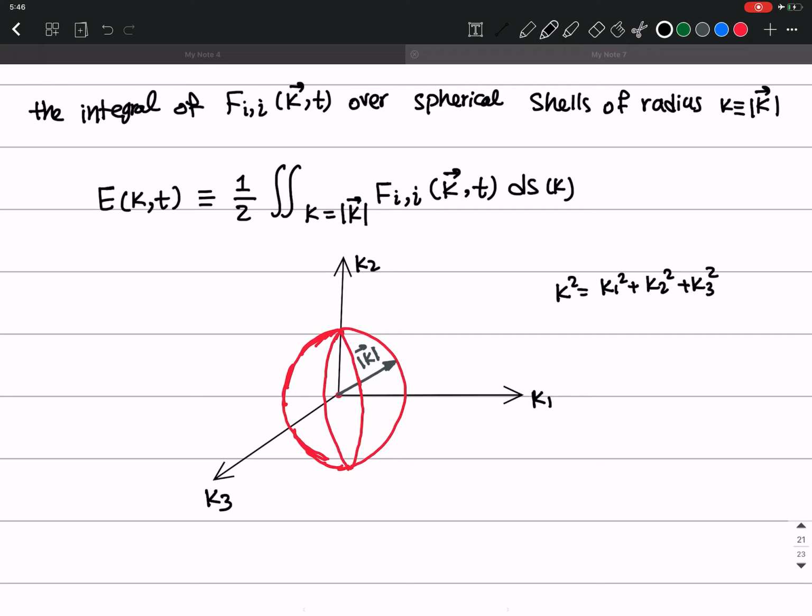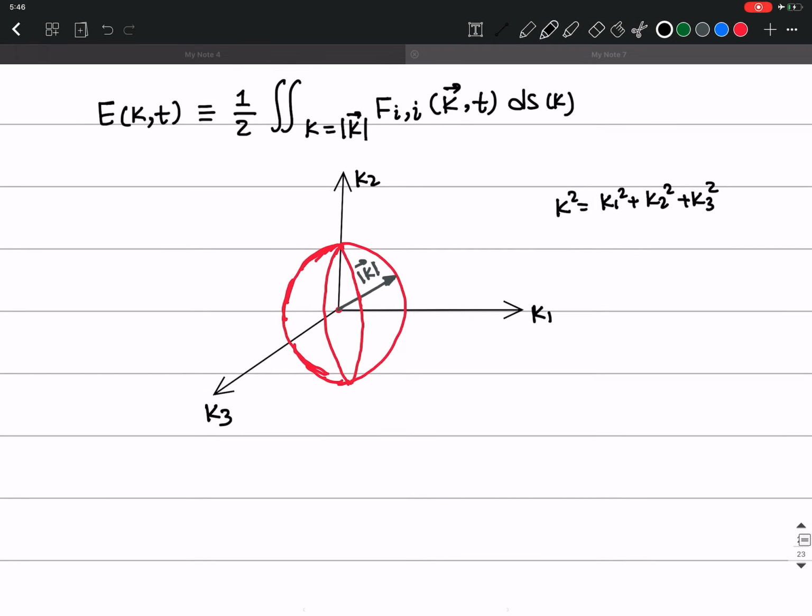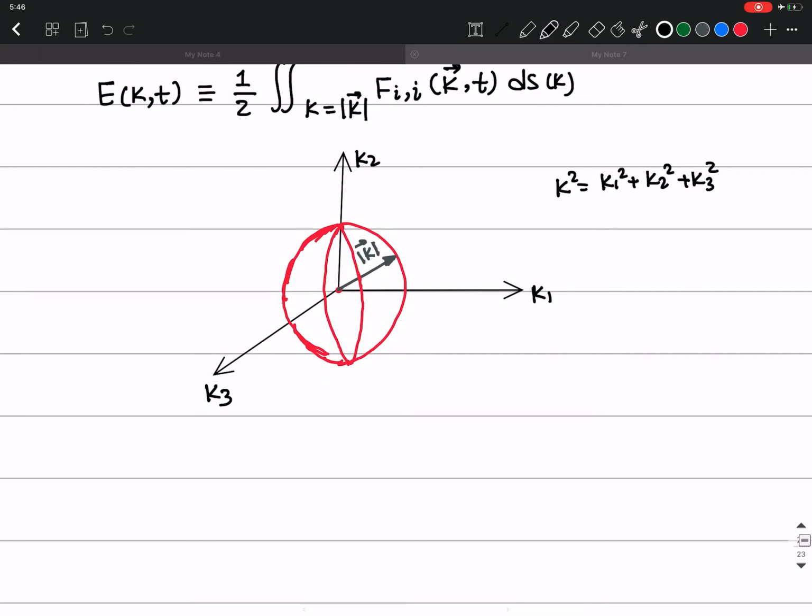Instead of looking at each of these components, k1, k2, k3, we just look at k by integrating over spherical shells of radius k equals the absolute value of k. This converts the 3D spectral function E(k,t) to one dimension in space, which is a much further simplification, because now we only have one dimension k rather than a vector that has three dimensions.